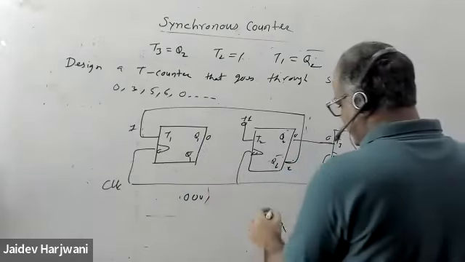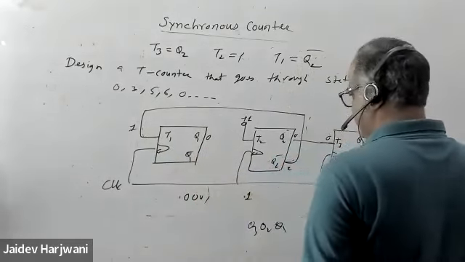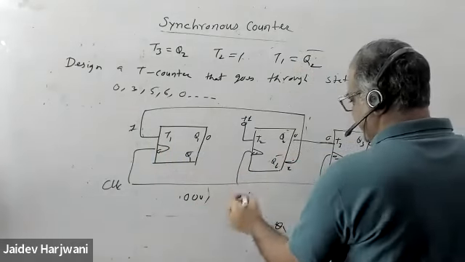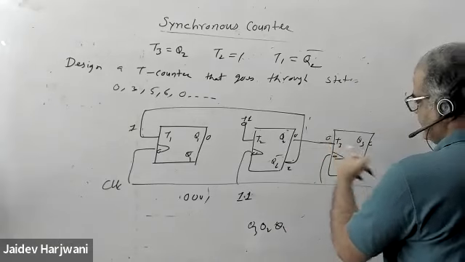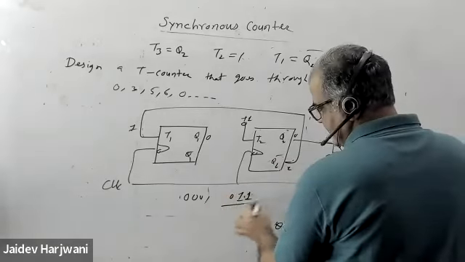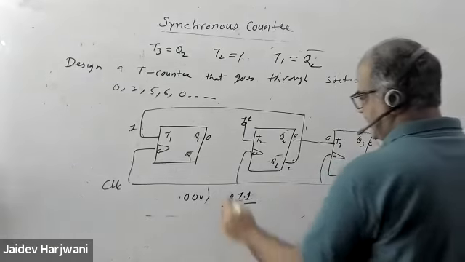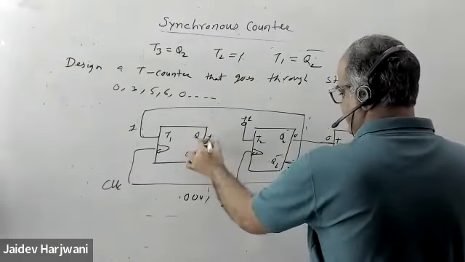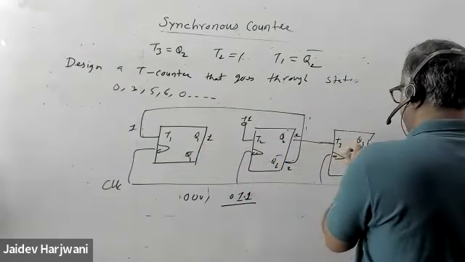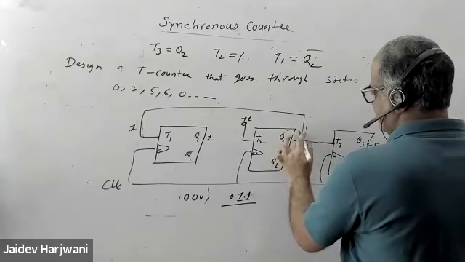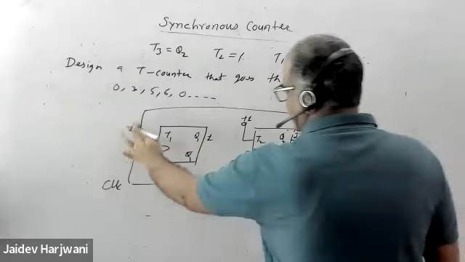Q1 becomes 1, then Q2 also becomes 1, and Q3 stays 0. So my next state is 0, 1, 1. Whatever 1 comes here, 1 will come here; if this is 0, 0 will come here.